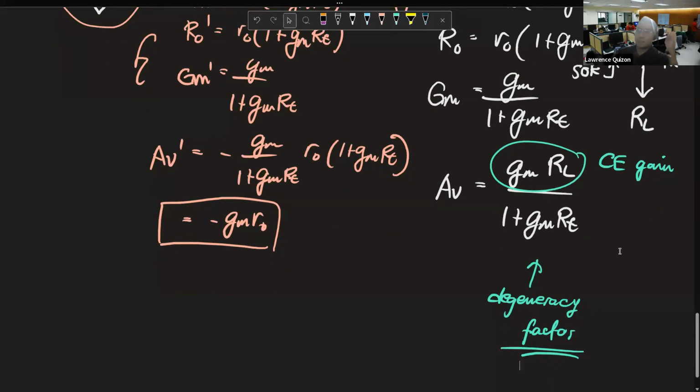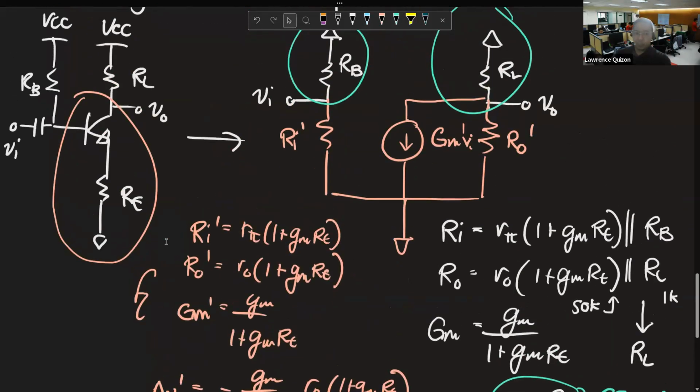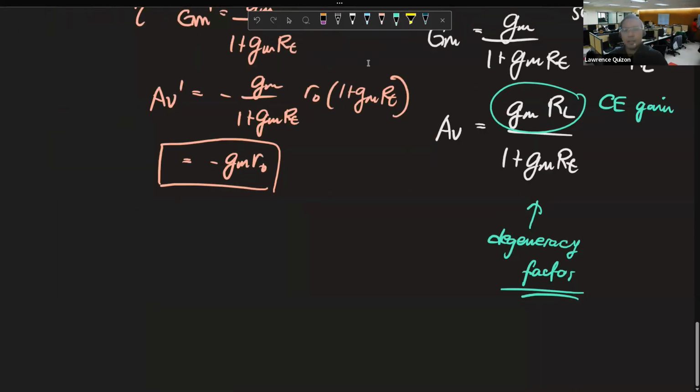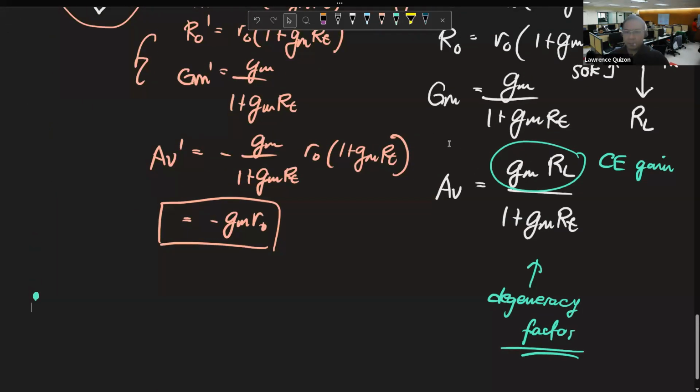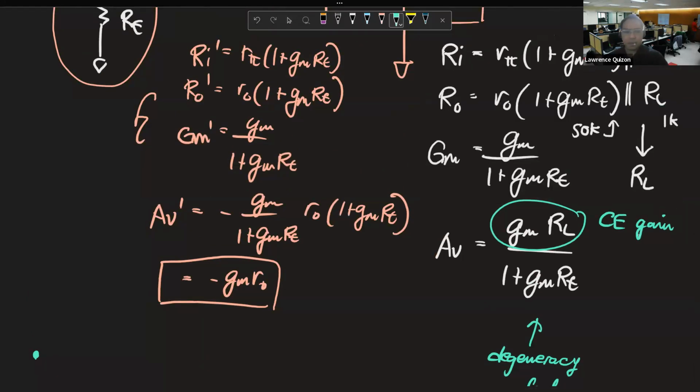Alright? So, in essence, ano nangyari? Emitter degenerate increased Rn, which is good, no?